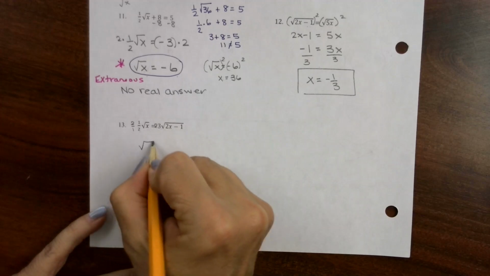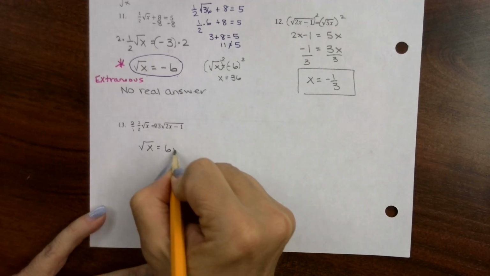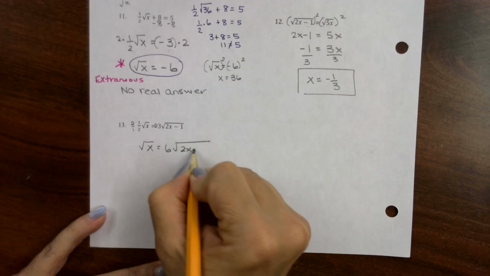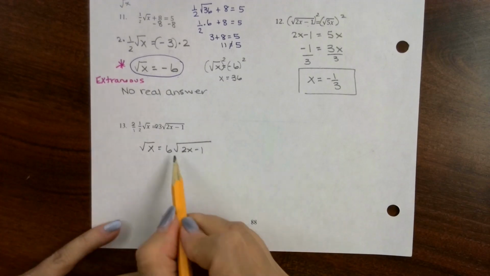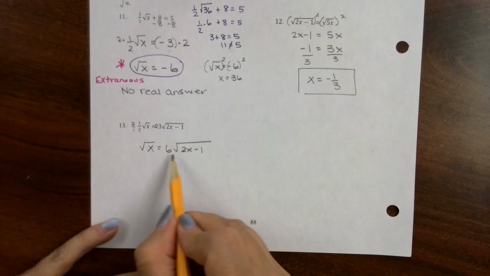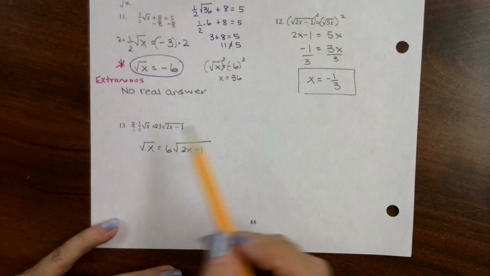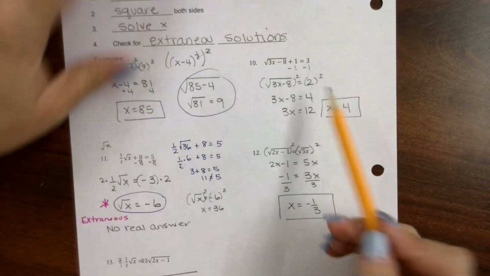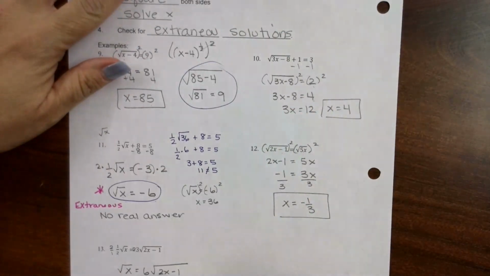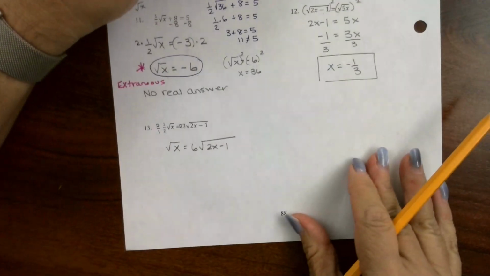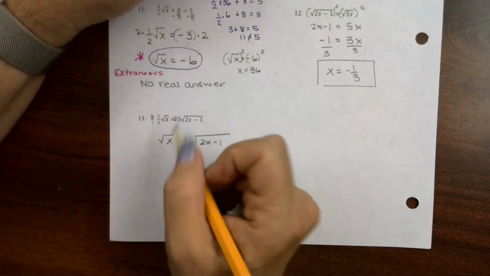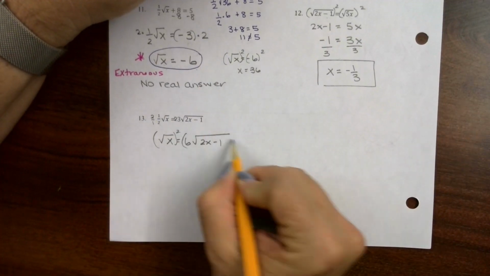And this gives me the square root of x equals 6 times the square root of 2x minus 1. And this is as isolated as this gets because there's nothing else I can do with the 6. So when I square both sides, I'm going to square this side, and I'm going to square this side.